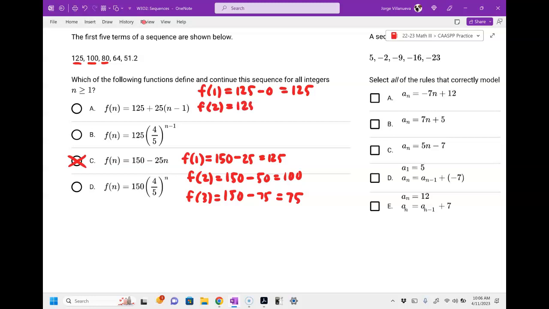That's 125 minus... if you plug a 2 into this equation, you get 2 minus 1. That's 1. 1 times 25 is 25. That's 100. Again, so far so good. All right. So let's try the third one. F of 3. So that's 125.